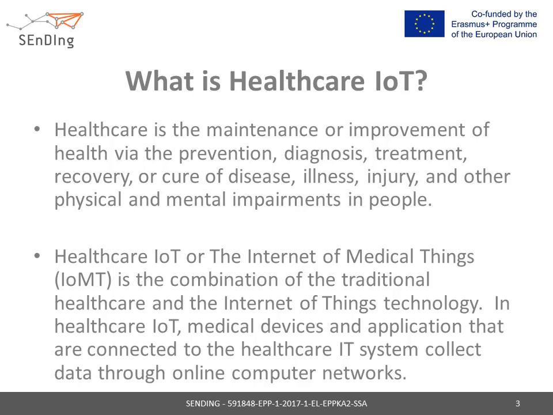Healthcare IoT, or the Internet of Medical Things, IoMT, is the combination of traditional healthcare and Internet of Things technology. Here, medical devices and applications that are connected to the healthcare IT system collect data through online computer networks. In more detail, the medical devices are equipped with Wi-Fi that allows machine-to-machine communication, and are linked to cloud platforms where their collected data are stored and analyzed.